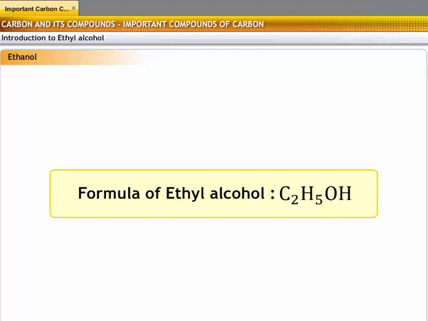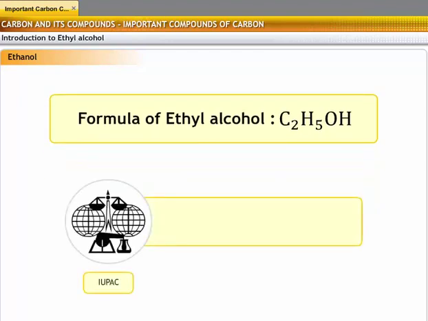To begin with, let's analyze the formula to derive the IUPAC name for ethyl alcohol. Ethyl alcohol has two carbon atoms. Therefore, the root word for the name of the compound is eth. Further, as it is a saturated compound, it is given the suffix ane.